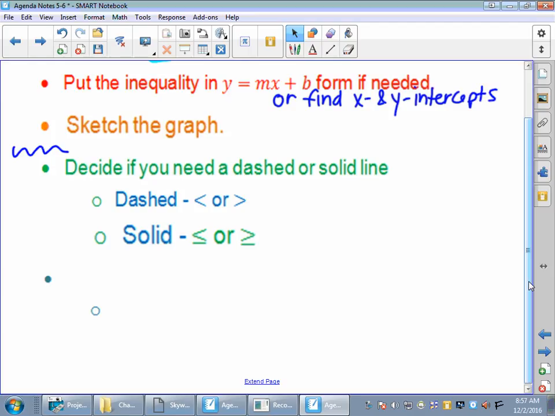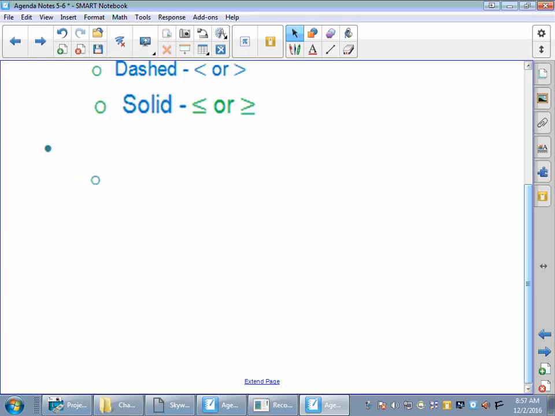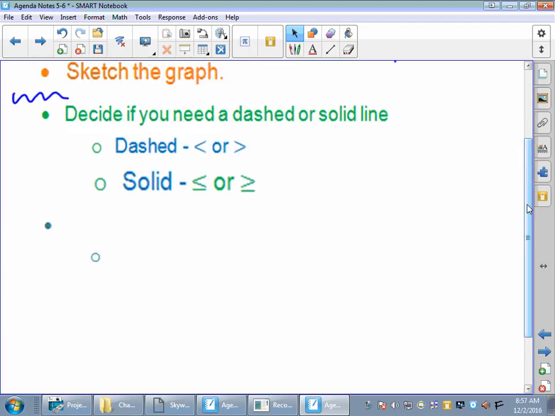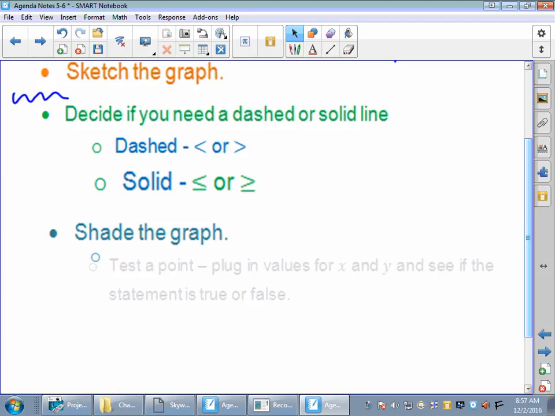And the last thing that we need to do that is different, even more different than just the open and closed circle or the dashed or solid line, is we need to shade the graph. So we're actually going to put a line, we're going to have a dashed or solid line, and then we're going to color in, shade in part of that graph. In order to know where to shade, you're going to test a point. So you're going to pick an x and a y ordered pair. You're going to put those values in for x and y and see if you've got a true or a false statement.